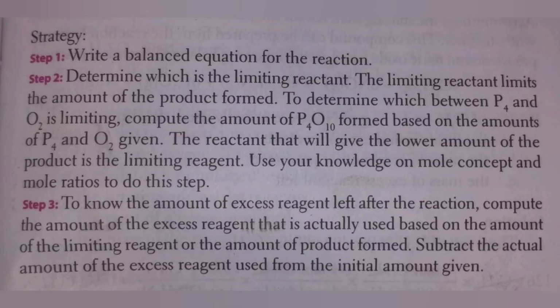Step 3. To know the amount of excess reagent left after the reaction, compute the amount of excess reagent that is actually used based on the amount of the limiting reagent or the amount of product formed. Subtract the actual amount of the excess reagent used from the initial amount given.